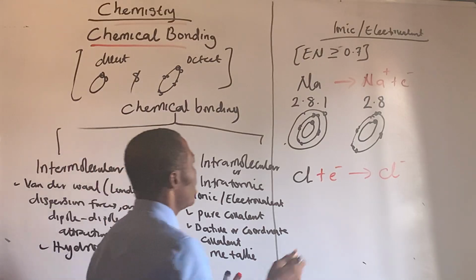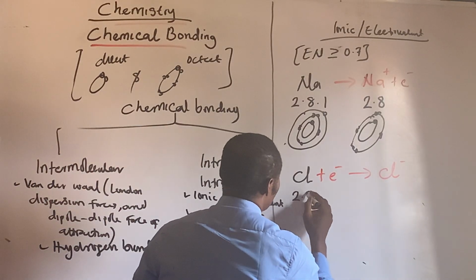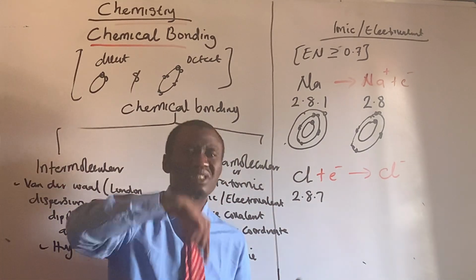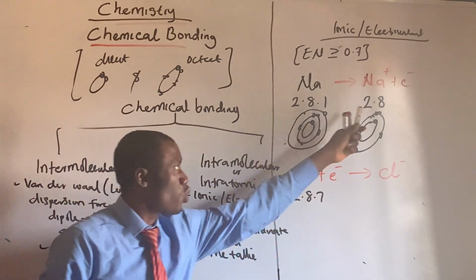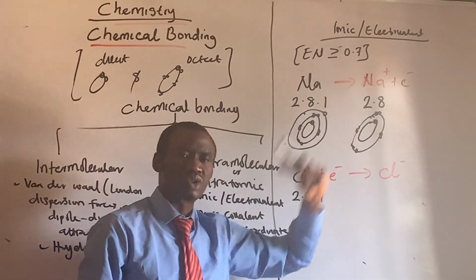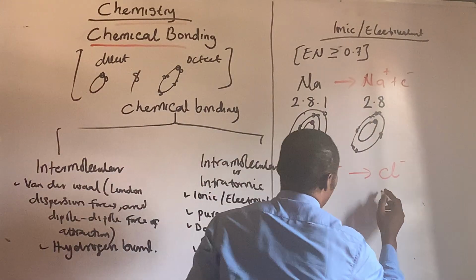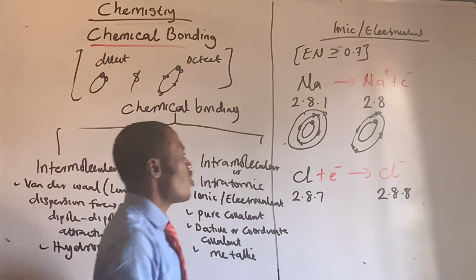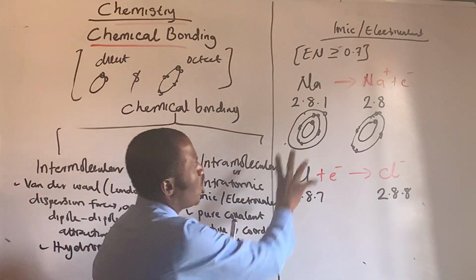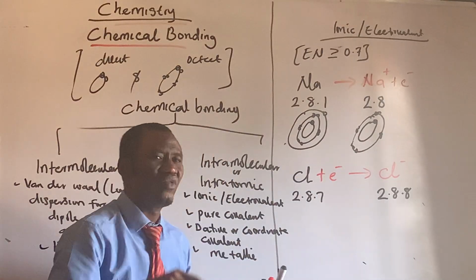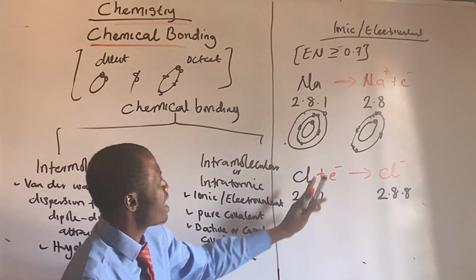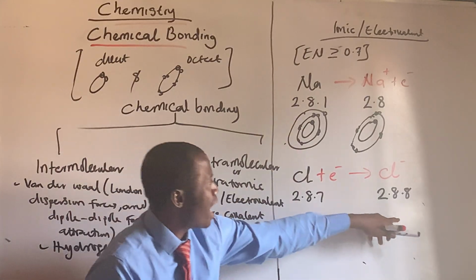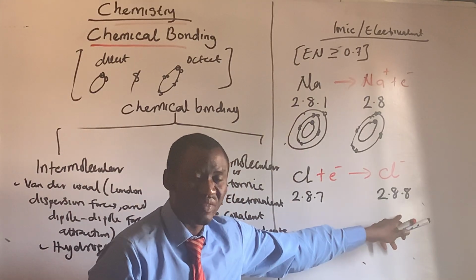Chlorine is 2, 8, 7 at this point before it received the electron. Now 7 plus 1 coming from sodium becomes 8, so we have 2, 8, 8. Because of the space on the board, we're not going to draw the structural configuration of chlorine, but you can repeat your diagram if you want to.